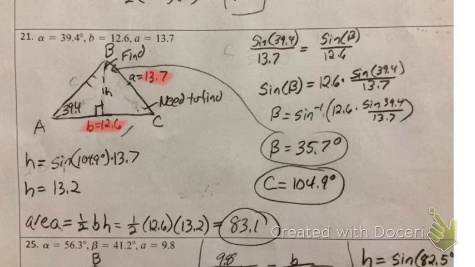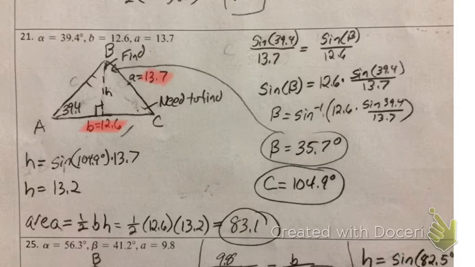So to work around that situation, I went ahead and found angle B first. Because if I know angle B, I know angle C because it's just 180 minus those other two angles. So to find angle B, I went ahead and used the law of sines. I said the sine of 39.4 over 13.7.